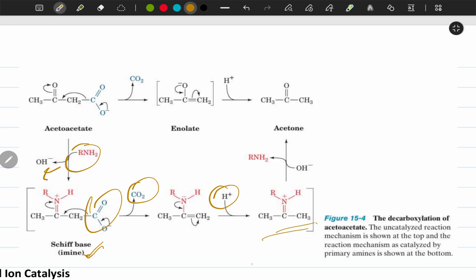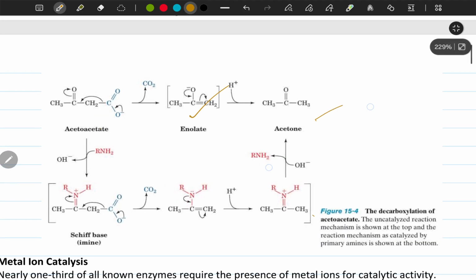From here we remove the NH2 that we added in the first step and add the hydroxide ion that we removed in the first step, and form the acetone. This was what was happening when a transient state was not made. As soon as a transient state is made, the process is way simpler.